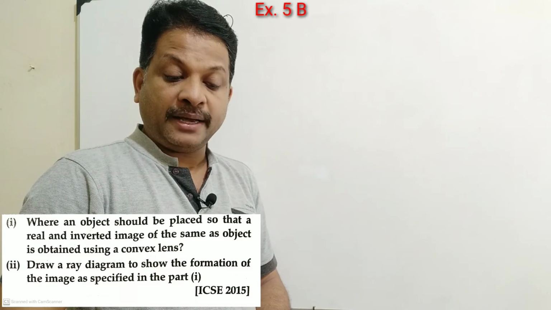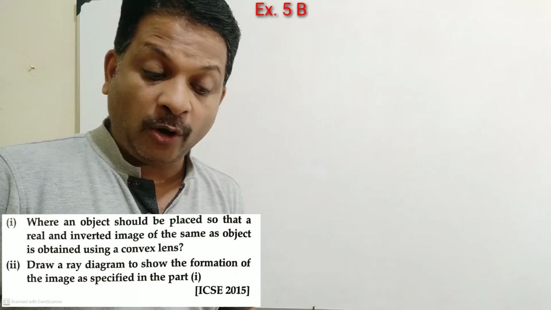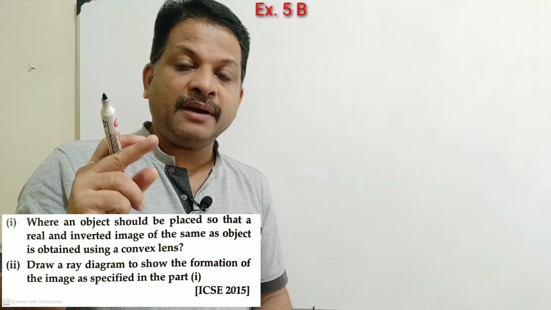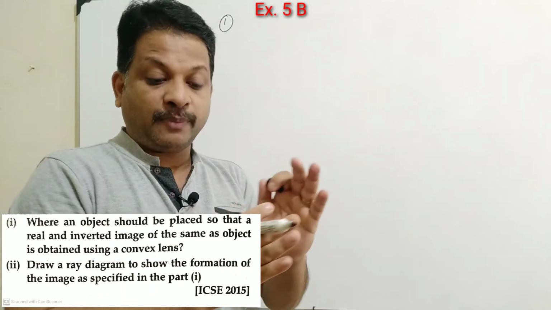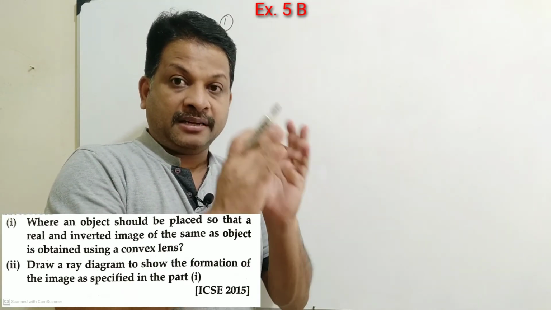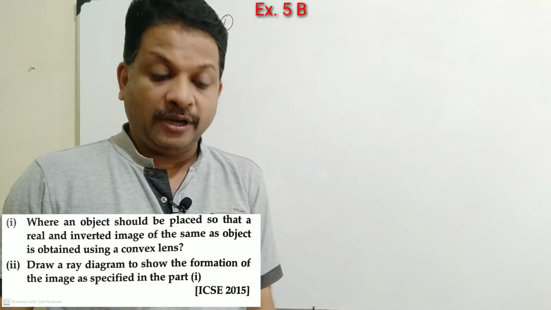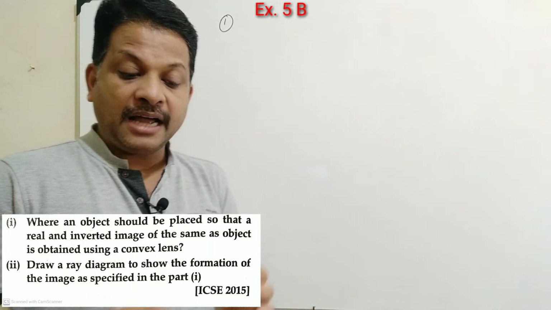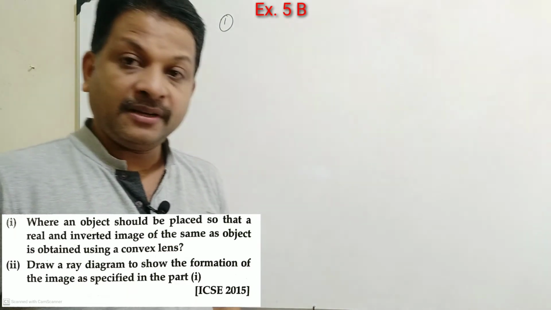Now you have to remember when the image is formed of the same size as the object: when the object is placed at 2f1, the image is formed on the other side at 2f2, I mean at the center of curvature of the lens. This 2f1 and 2f2 are known as centers of curvature of a convex lens. So remember that case.